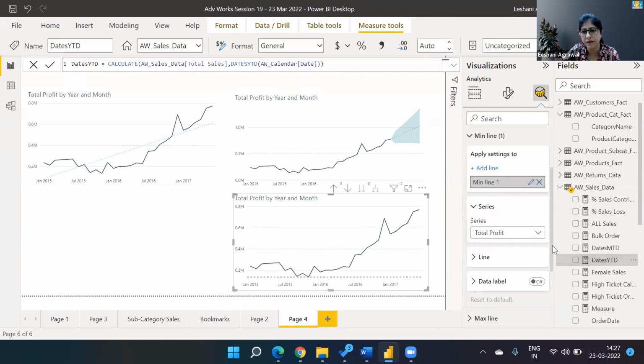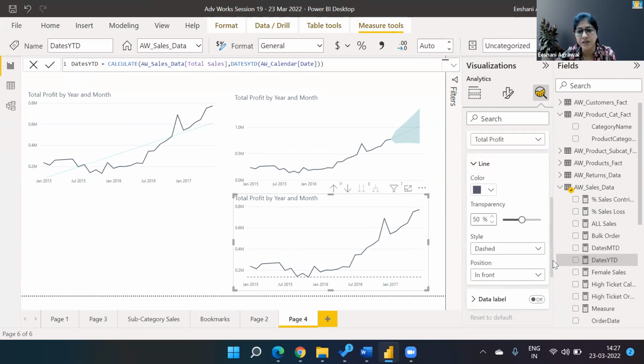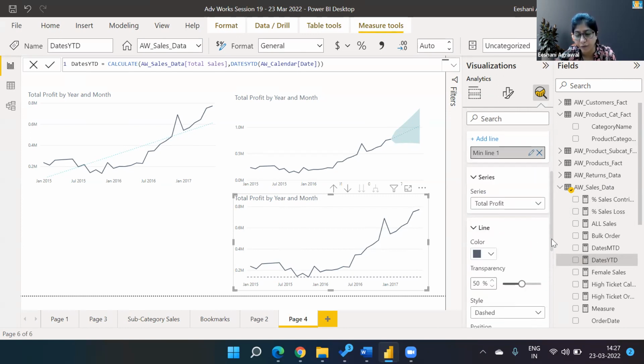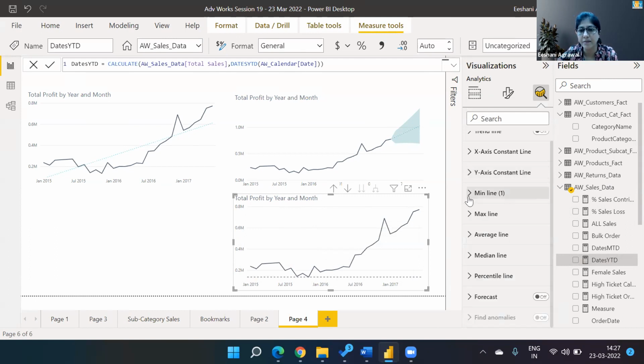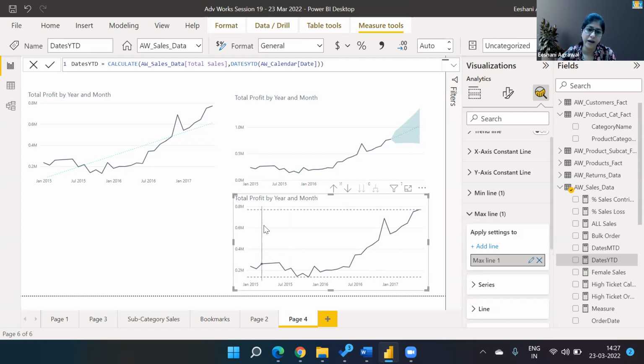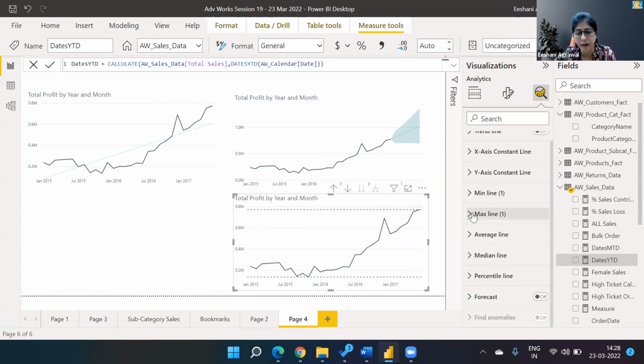It has the series and line formatting style, but it's not asking for a value, because it takes the minimum value of the profit. At the minimum point it puts the line, and similarly the max creates a line at the maximum. So you get a general idea of where your values lie between min and max. That is the role of min and max.